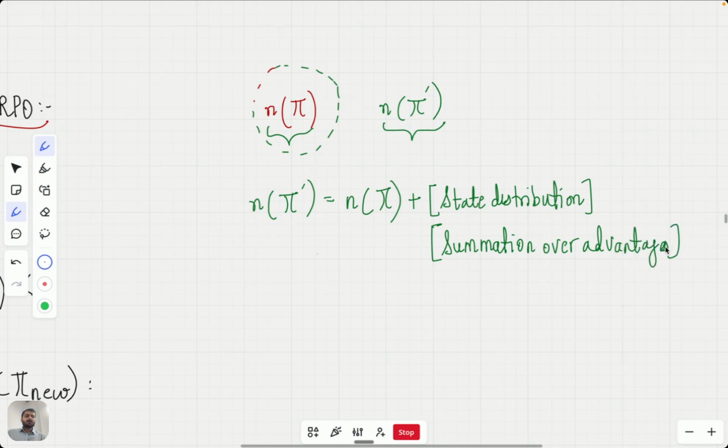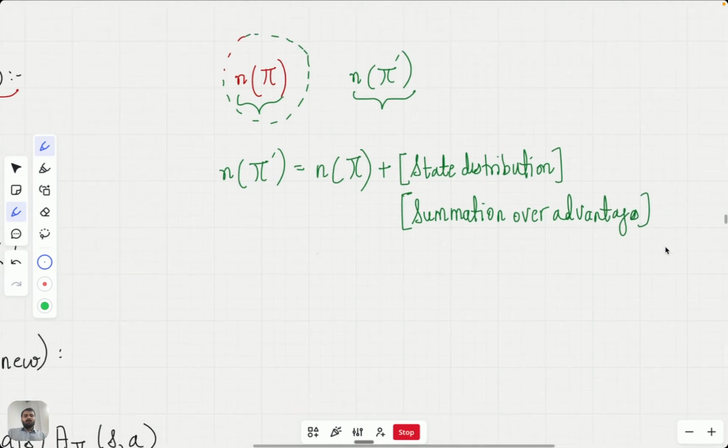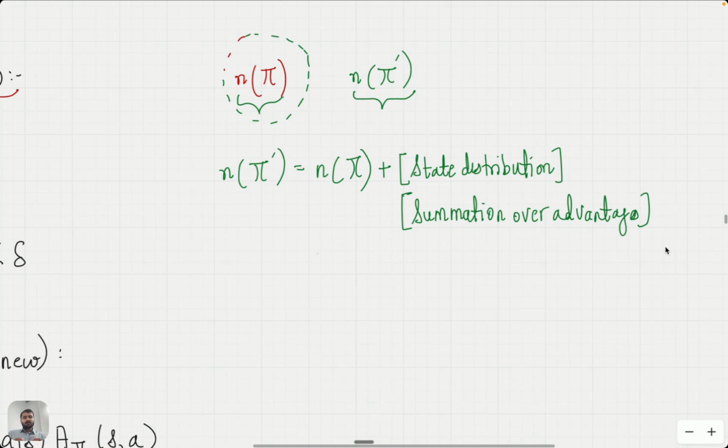So, what we saw was to find the performance measure of the new policy, let the agent visit each and every state in the environment and let the agent choose an action based on the new policy.